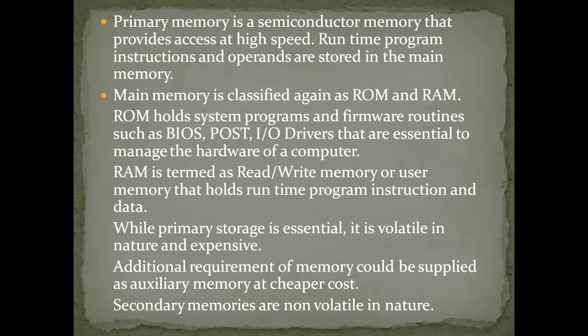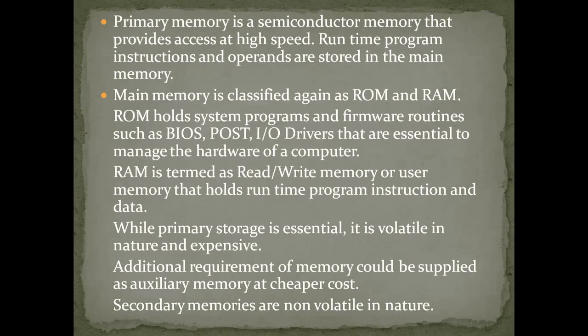So what is primary memory? Primary memory is a semiconductor memory that provides access at high speed compared to the secondary memory. In primary memory, the currently executing instructions and operands are stored.